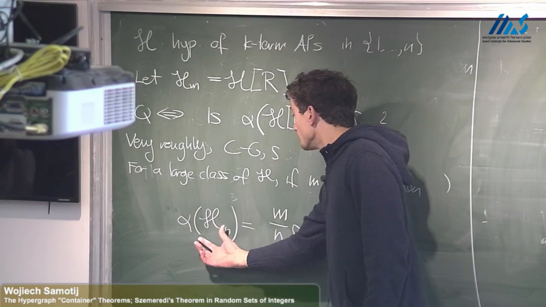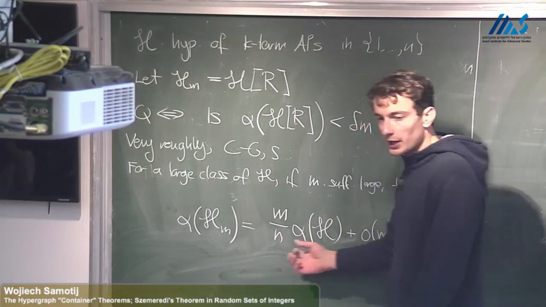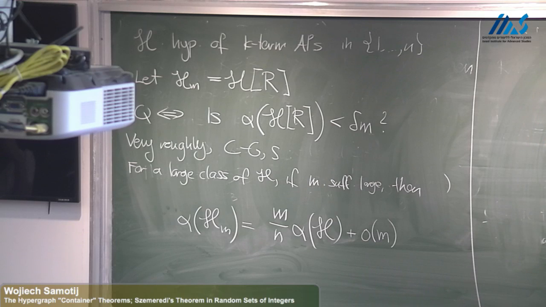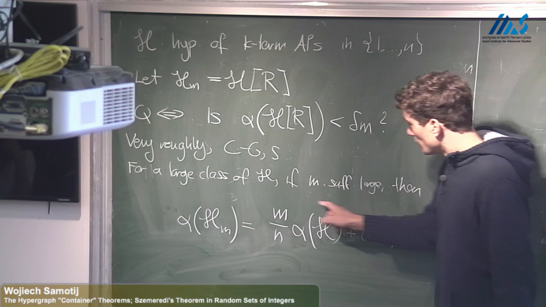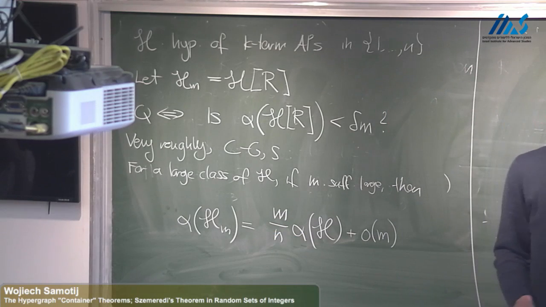When would we know that this hypergraph H_R doesn't contain any large independent sets? Well, if we take any independent set with this number of elements, then it's extremely unlikely to appear in the random set.